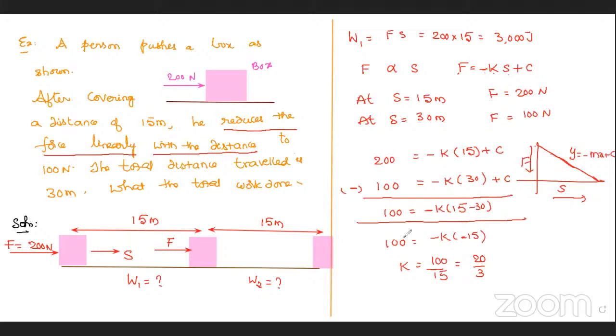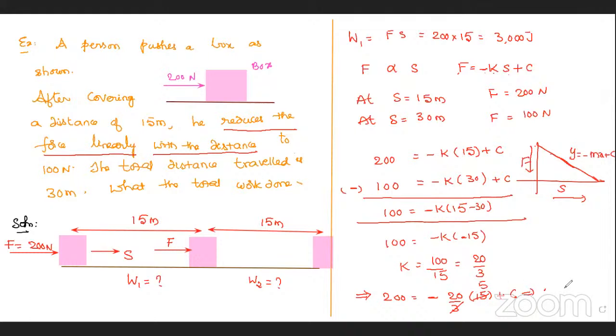To calculate that, substitute the K value you got in any one, first equation or second equation. Okay, sir, better we substitute in the first. As you wish. Substitute here 200 equals minus 20 by 3 into 15 plus C. How much is this? 3 5s are 15, 20 into 5 is 100.